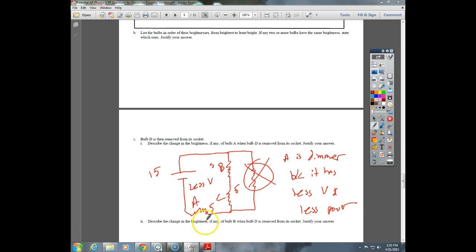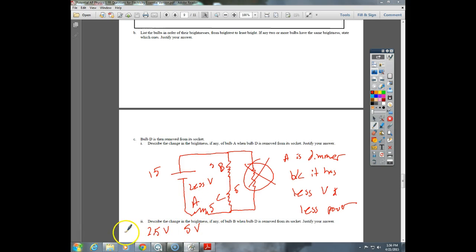The last one says describe the change in brightness of B. And just like the last problem that we did, you'll notice that B before was only 2.5 volts. Now B is 5 volts.